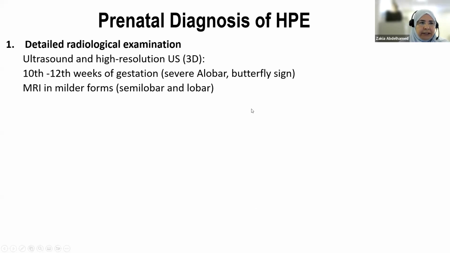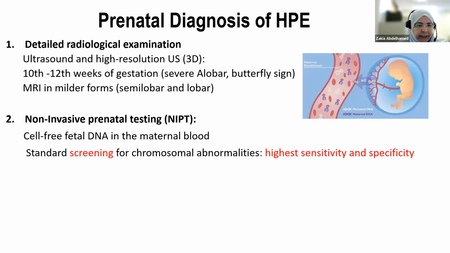So how do we diagnose these patients? Perinatally, of course, a detailed radiological examination once suspected. Ultrasound or high resolution 3D ultrasound and MRI can be needed for the milder forms to confirm the anomaly.